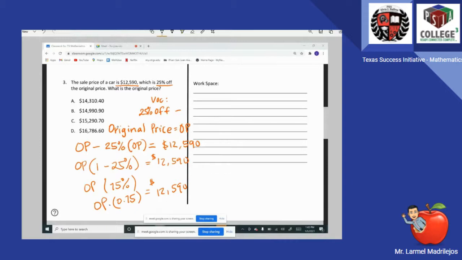I need to divide this by 0.75 to leave this as OP. If I divide this by 0.75, my original price is going to be 16,786.66. So the closest answer is letter D.